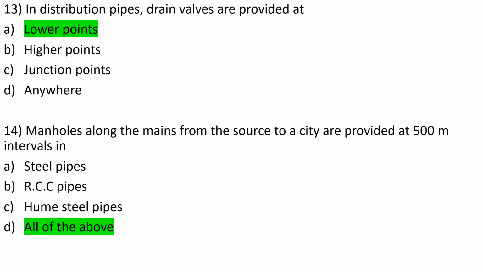So here the answer is all of the above. So all the pipes based on the materials, we have steel pipes, RCC pipes, and Hume steel pipes. For all these pipes, a 500-meter spacing is provided for the manholes along the mains from the sources to a city.